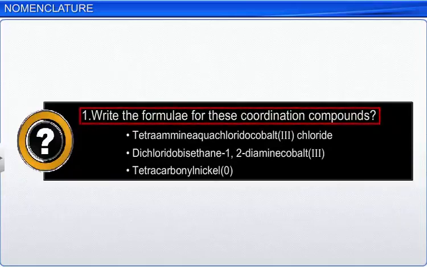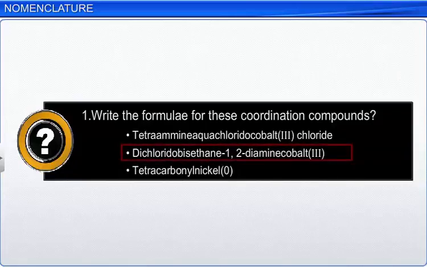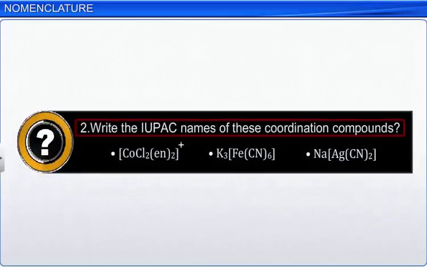Tetraamine aqua chlorido cobalt(III) chloride. Dichlorido bis(ethane-1,2-diamine) cobalt(III). Tetracarbonyl nickel(0). Question 2. Write the IUPAC names of these coordination compounds.